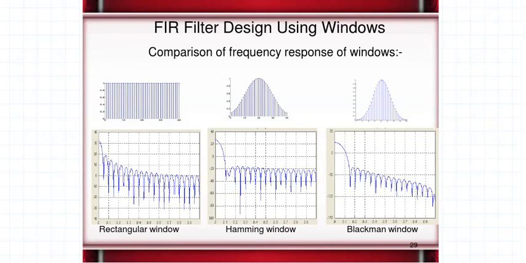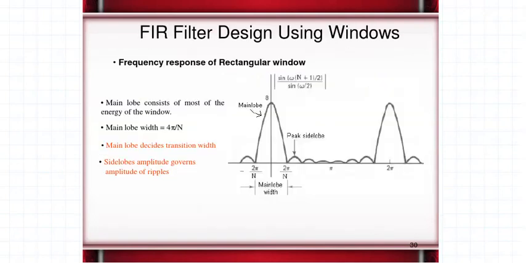Now let us look at these characteristics closely. Here is shown the frequency characteristics of the rectangular window. As you have seen, every window has the first lobe which is the highest magnitude lobe, called the main lobe.